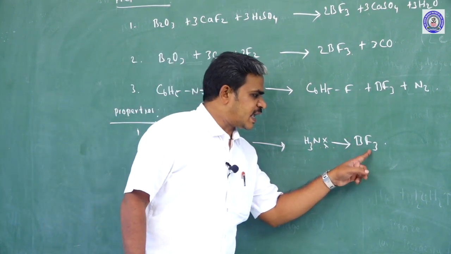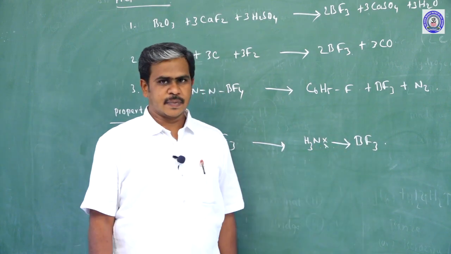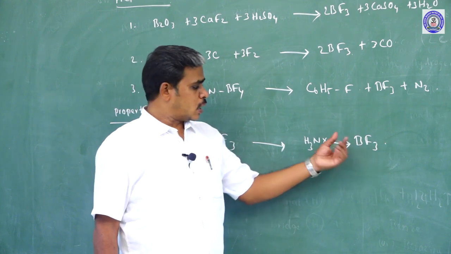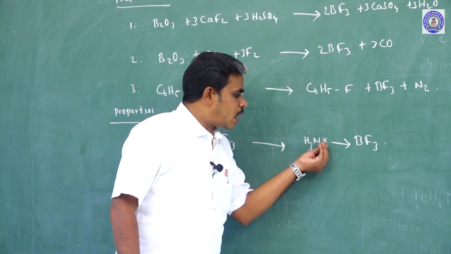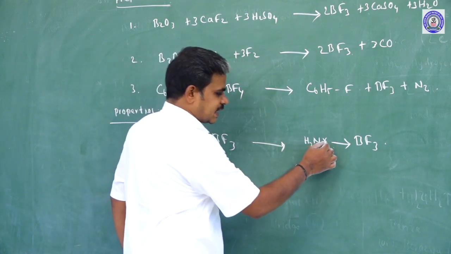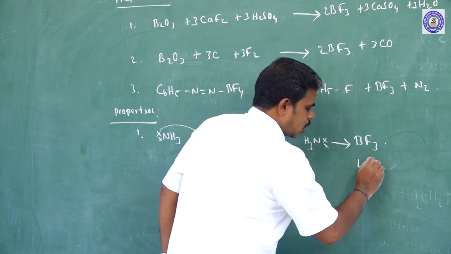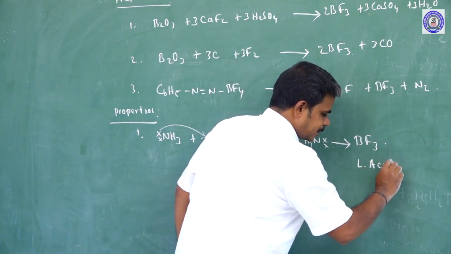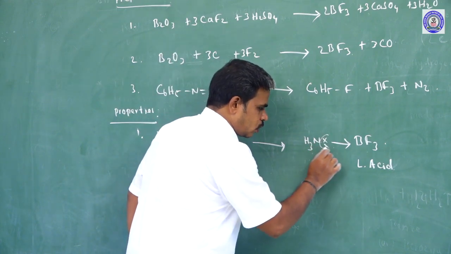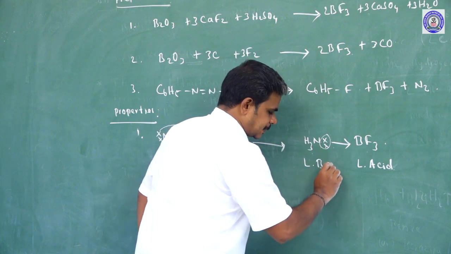Because BF3 has only 6 electrons in its valence shell, so it has a vacant orbital and accepts a bond pair of electrons from an electron-rich component. So it is electron deficient and may act as a Lewis acid, and NH3 has one lone pair, so it acts as a Lewis base.